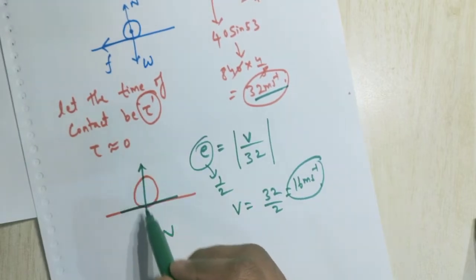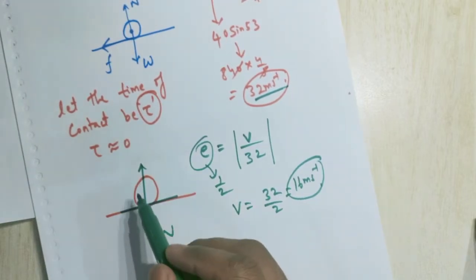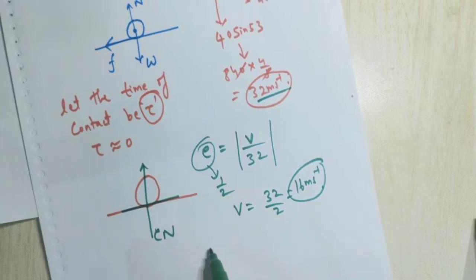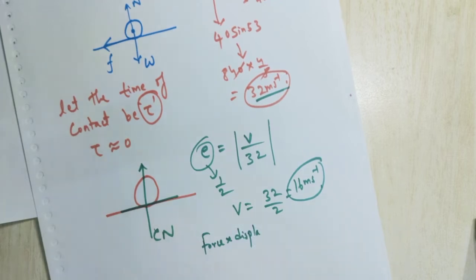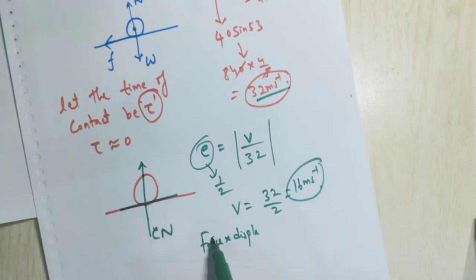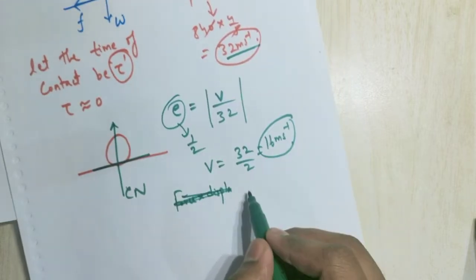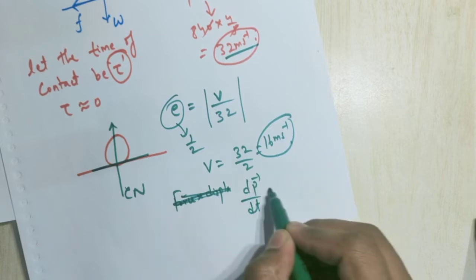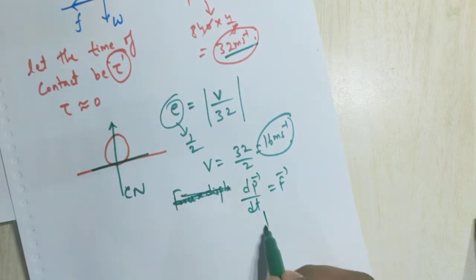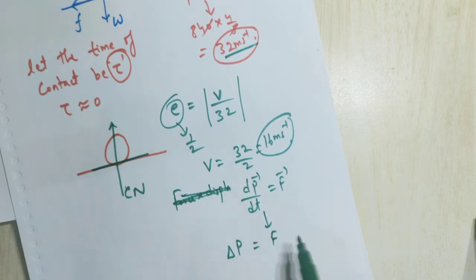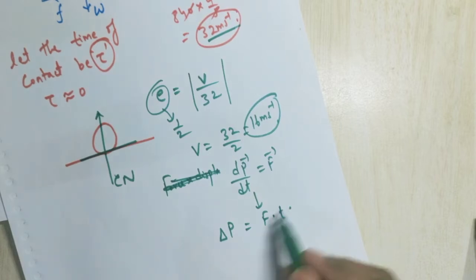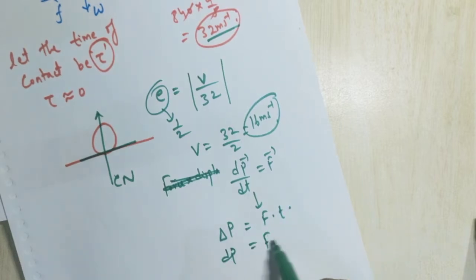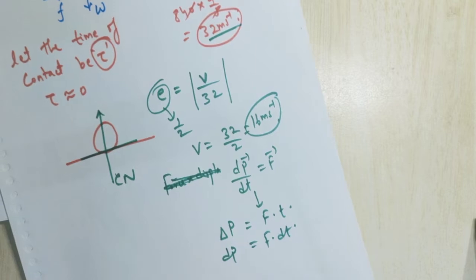For that, let us find out the total force. We know from Newton's second law that dp by dt is equal to force. So from here, change in momentum is equal to F times t. If it is for a very small interval of time, then dp is equal to F dt.